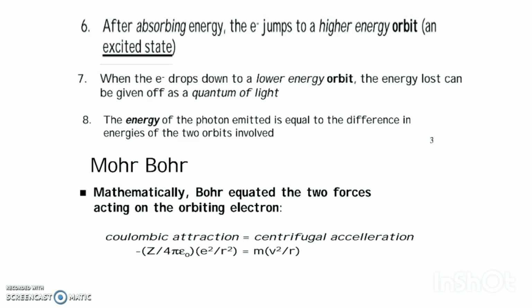This is the formula of the Coulomb force. This 1 by 4 pi epsilon 0 is also called K, a constant term, and it equals mv squared divided by R. This value is 9 into 10 to the power 9. Okay, no problem.